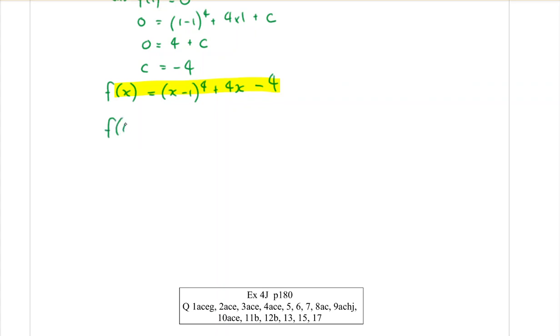F of 4 equals 4 take away 1 to the power of 4 plus 4 times 4 take away 4 equals 93. Good job. That's it.